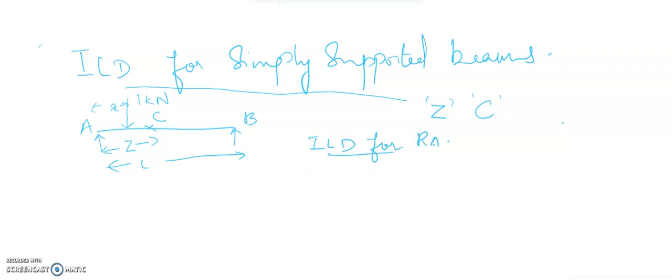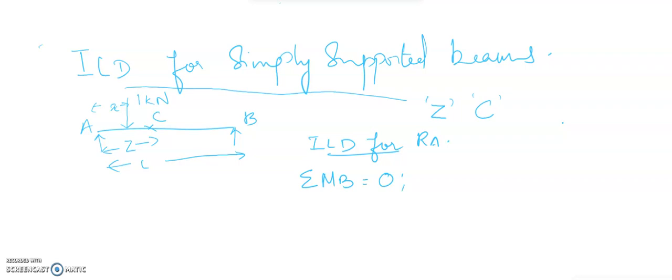Clear? So you are going to determine the function for the reaction at A when a unit load moves from A to B. What are we going to do to determine reaction at A? Generally we take sigma MB equal to 0, right?